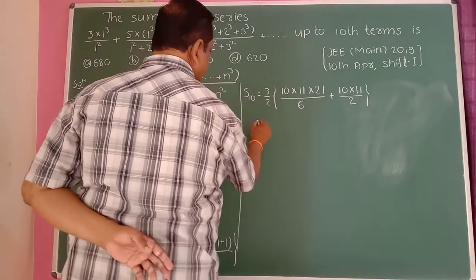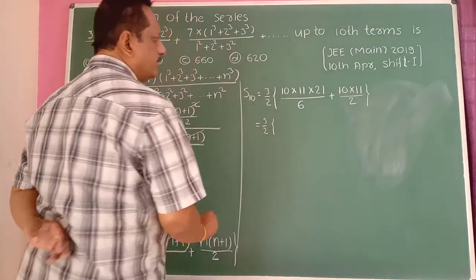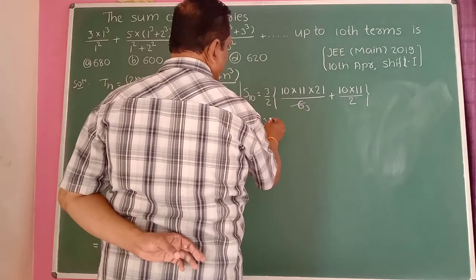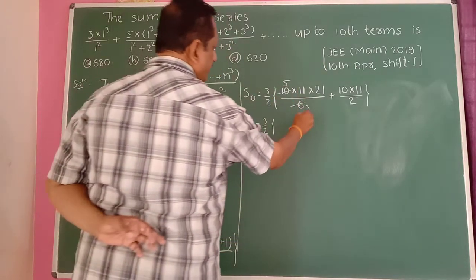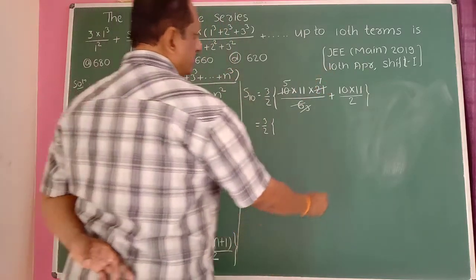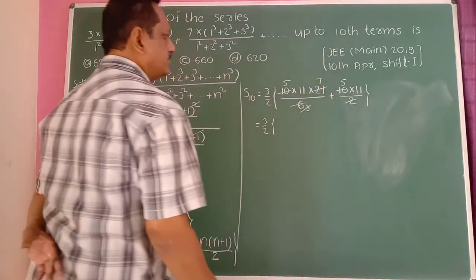Then this is equal to 3 divided by 2 into the bracket. Here cancel: 2 3s are 6, then 2 5s are 10 cancel, 3 1s are 3, then 3 7s cancel, then 2 1s are 2, then 2 5s cancel.